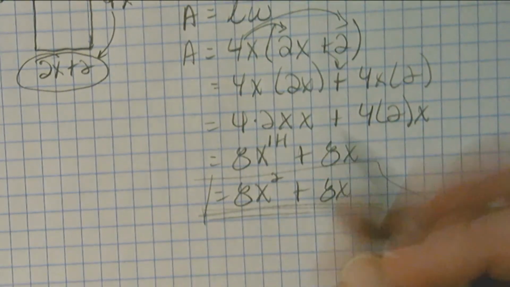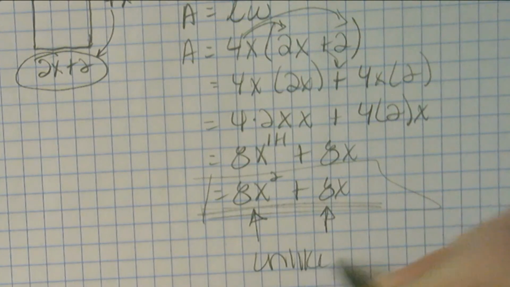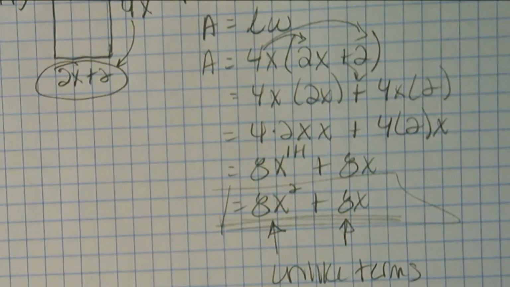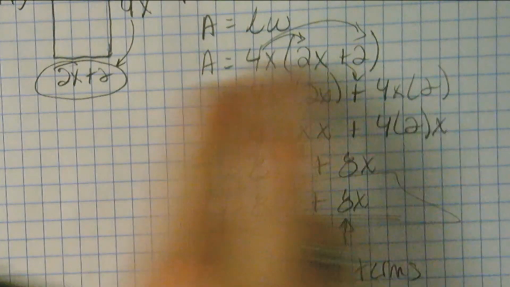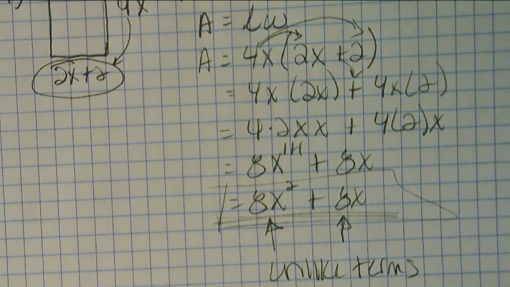This is simply 8x. So Layla is exactly right. These are unlike terms. Cannot add them. Now the biggest mistake that I see is people just move things out of the parentheses without doing the multiplication. And you can't do that. You have to do that distributive property. Questions on this problem?